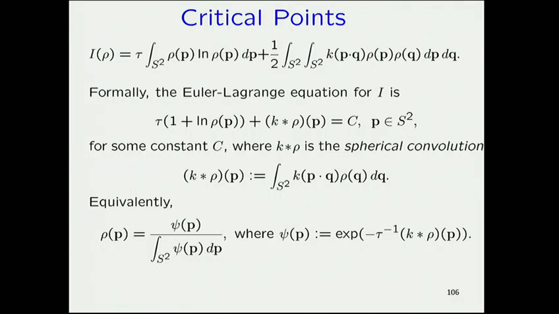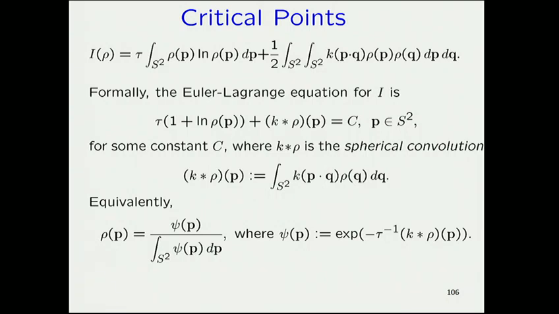So we get a tau times 1 plus log rho from the entropy term, and then here you get k star rho of p, where k star rho of p is what's called the spherical convolution. So it's an integral over the sphere of k of p dot q, rho of q dq. And now we have a constant there. That's because there's a constraint that the integral of rho is 1. So you have, if you like, a Lagrange multiplier, which will give you a constant there.